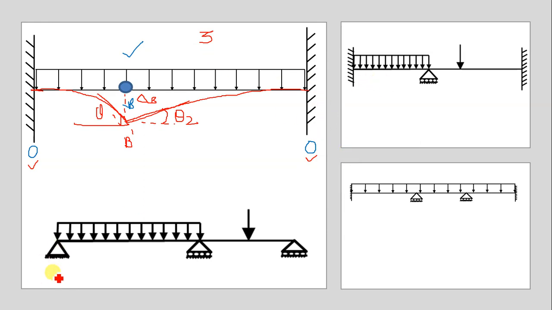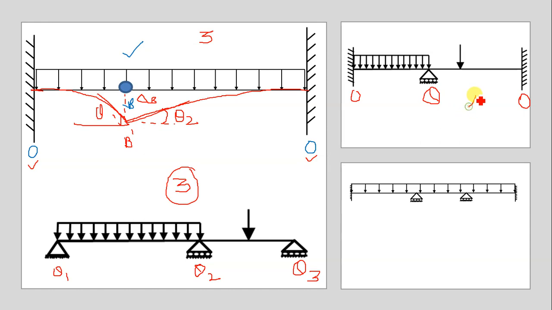Now let us come to the next beam. Here this is a hinge support, so one rotation is possible. Here roller support, one rotation is possible. Here roller support, one rotation is possible. And hence the degree of kinematic indeterminacy for this structure is equal to 3. Here 0 degrees of freedom, fixed support, 0 degrees of freedom, fixed support, roller is there, so only one rotation, theta, is possible.